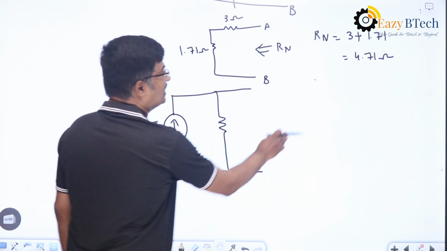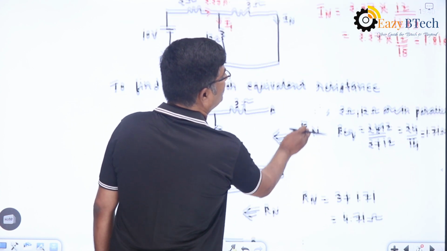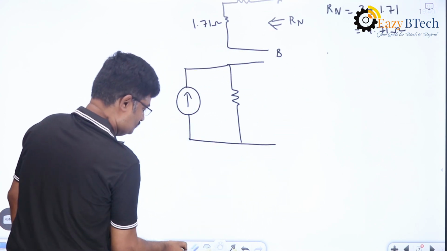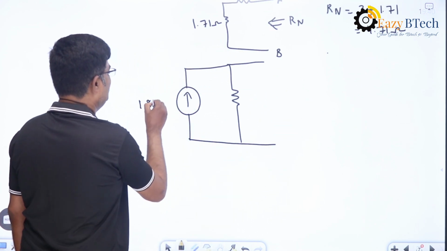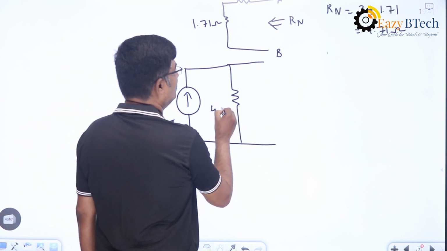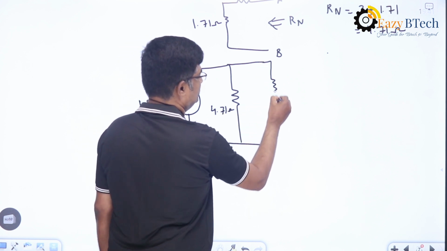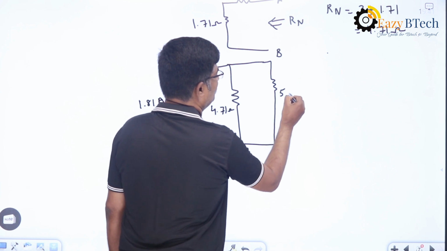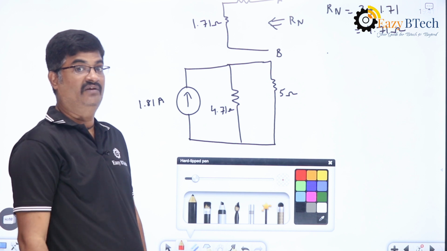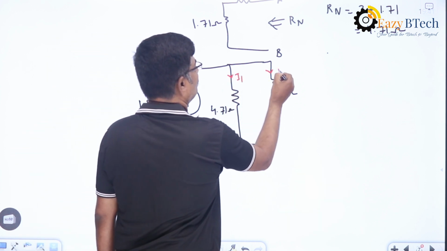IN is equal to 1.81 amperes, and the total resistance which I got is 4.71 ohm. Now previously across this I was having 5 ohm. The problem is asking to find the current in 5 ohms. So this is equal to I1 and this is equal to I2.